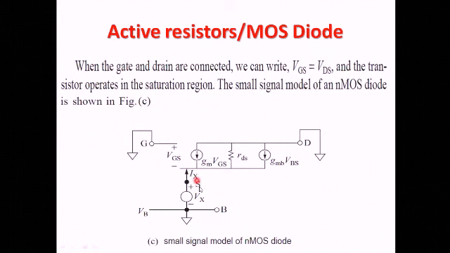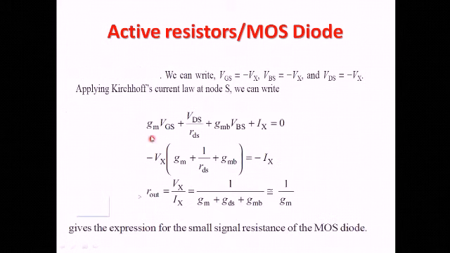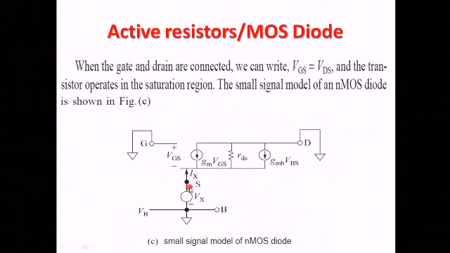This one is the node S. We are applying Kirchhoff's law at this node S. So here we can write gm VGS plus VDS by rds plus gmb VBS plus Ix is equal to 0. All these things we had written from this node. This we have taken, this also we have taken, and the other terminal voltages we have taken.